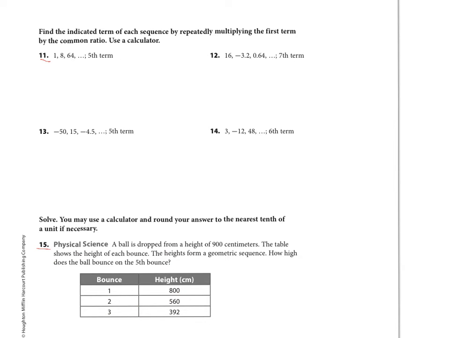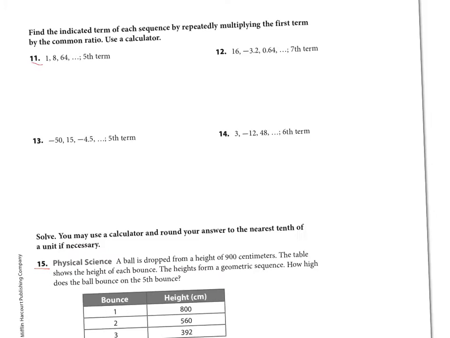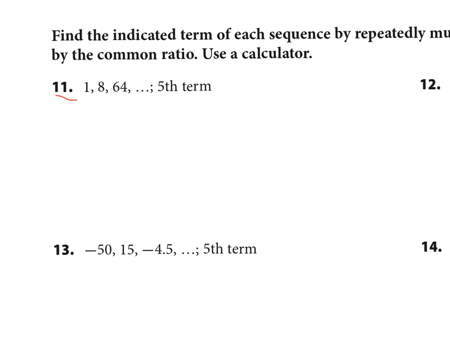Okay, find the indicated term of each sequence by repeatedly multiplying the first term by the common ratio. It says use a calculator. So we're doing basically the same thing. To note, this is term 1, term 2, term 3. We want the fifth term. Now what's happening here? These are going up. How are they going up? You're multiplying by 8.